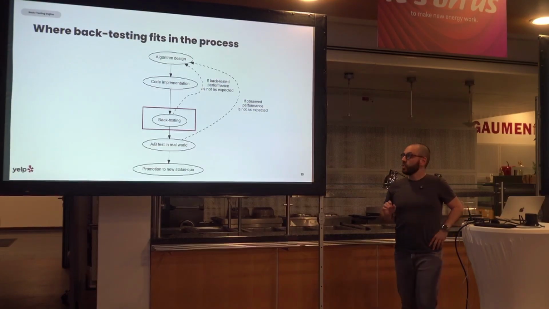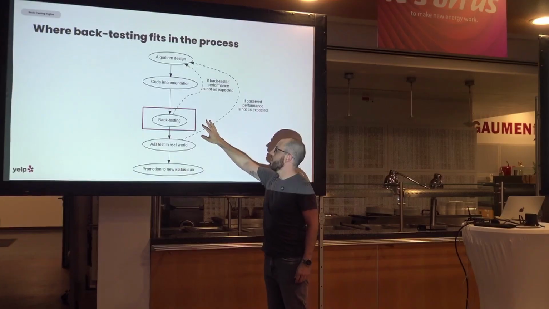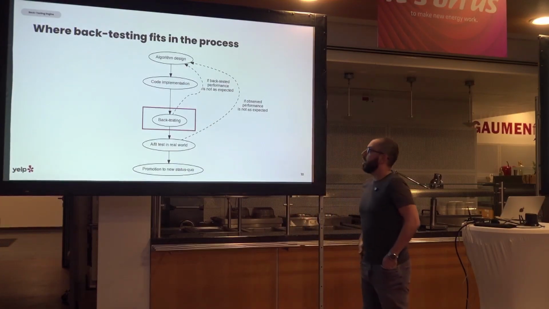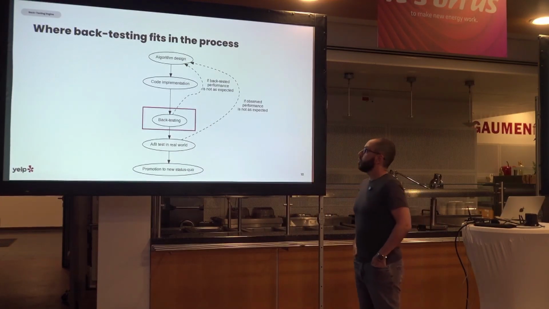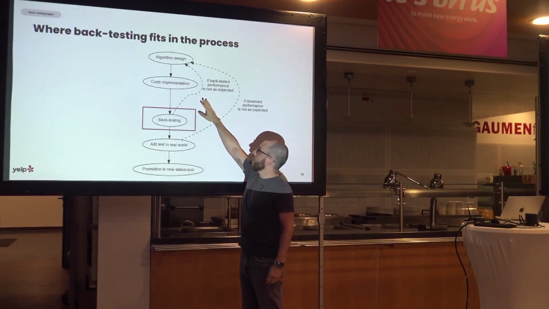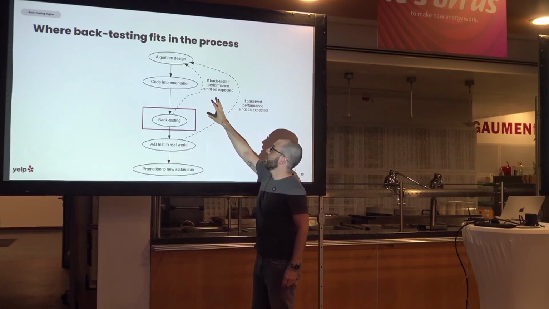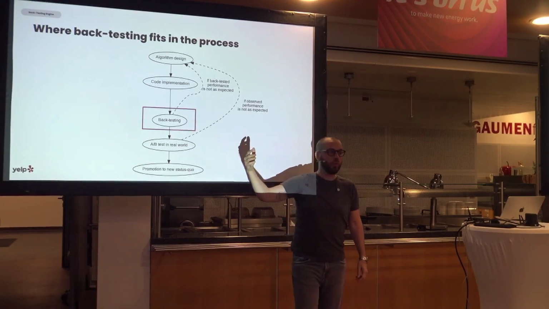So that's where the need for backtesting comes from. Backtesting is basically a new layer where, after we have implemented the code, we can backtest the new algorithm, the new change we want to try.